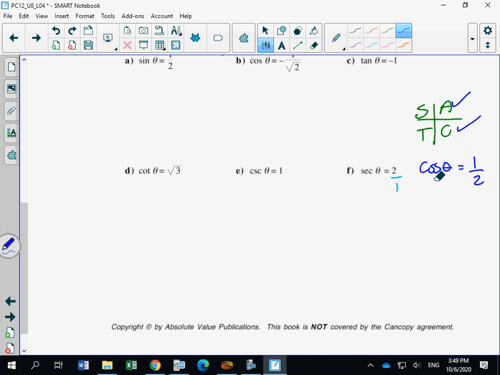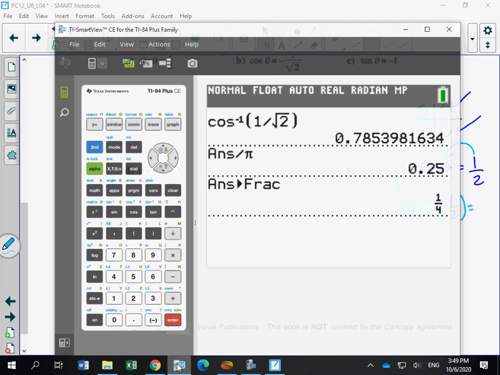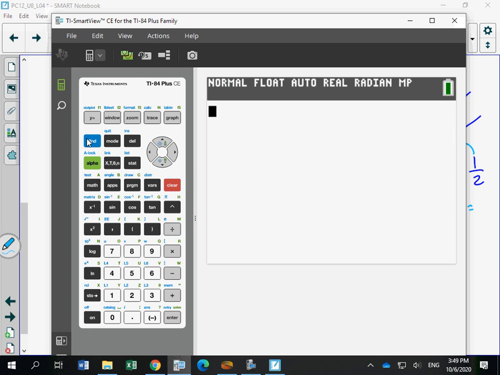We then need to find, based on this, the reference angle. In order to find the reference angle, you're going to type in the inverse cos of 1 over 2. You're probably going to get a decimal, because, oh yeah, we need to be in radians. So the inverse cos of 1 divided by 2 gives me this.